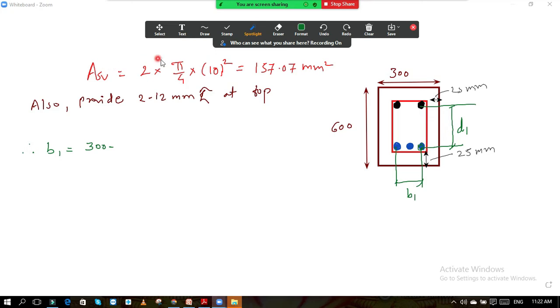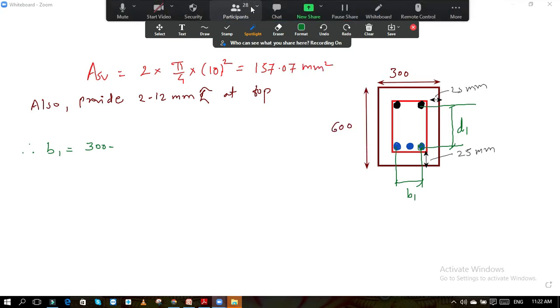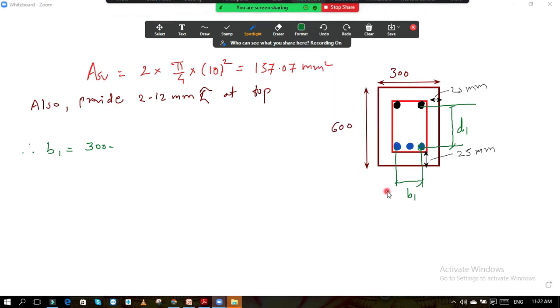Okay. So now, I have minus this 25. Coming back to the problem, this total is 300. I hope now you got your answer. Still, if you are having any query, you can ask me later on. Okay. So now this is 300. So we will minus this cover 25. Then we have to minus this bar also.